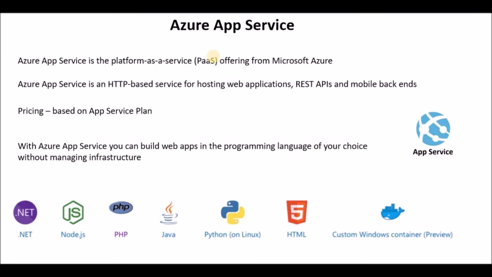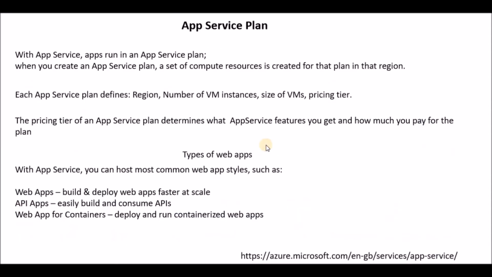With Azure App Services, you can build web applications in different programming languages. Right now it supports .NET, Node.js, PHP, Java, Python, HTML and custom Windows container, which is in preview. And you need not worry about managing any sort of infrastructure. That's why Azure App Services is a platform as a service.